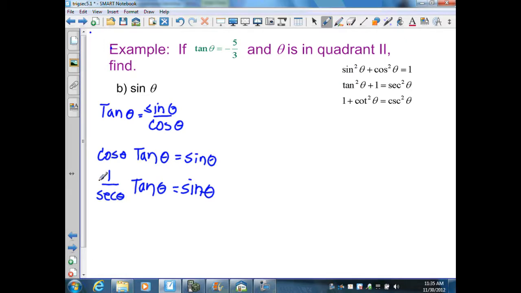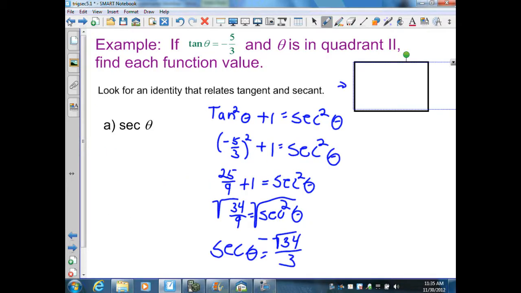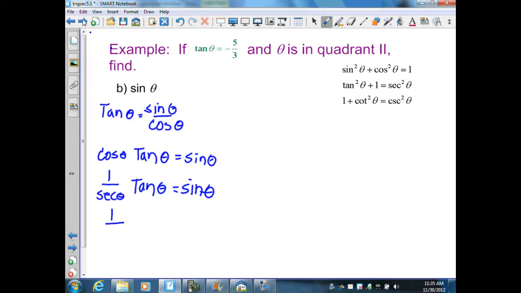Now all I need to do is substitute. That gives me 1 over, and recall from the previous slide, I know that secant is a negative square root of 34 over 3, times, and I substitute the given, which is a negative 5/3 for tangent of theta, and that equals the sine of theta.